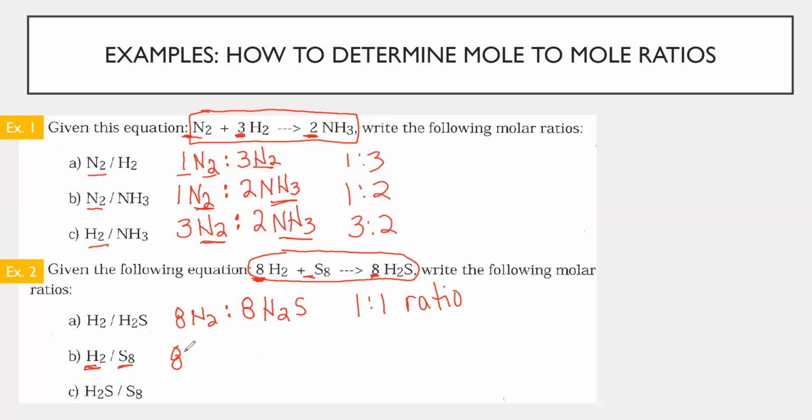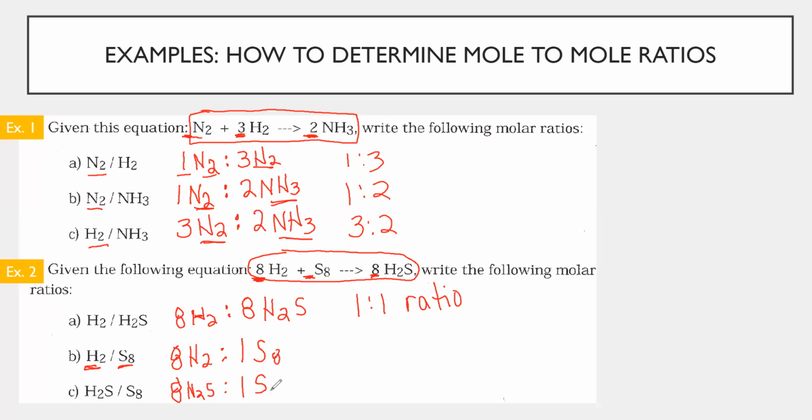Now they want you to compare the hydrogens to the sulfurs. So hydrogen, and there's no number in front of that, so we know that's a 1 to every 1 sulfur. And then H2S, now we're looking at the product, 8 H2S's to every 1 S. I guess I should put the 8 there.